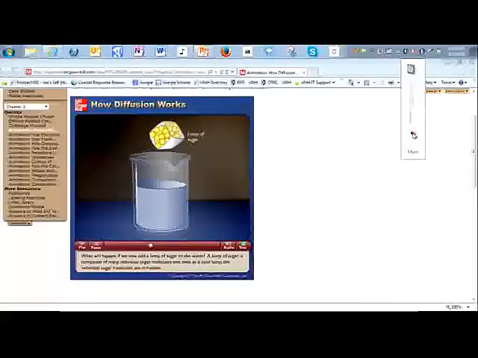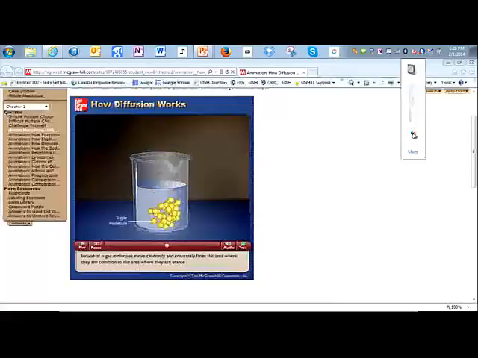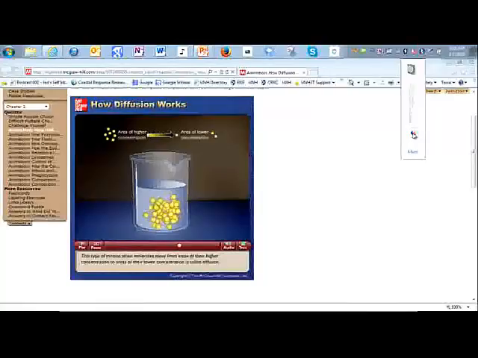Here goes, we're going to drop this cube of sugar into the water, and now watch what happens. By molecular movement, just natural movement of the molecules of sugar, they have energy and they start to move out from where they're in high concentration next to each other to where they start to spread out to lower concentration and get evenly dispersed, evenly diffused, throughout the solution.